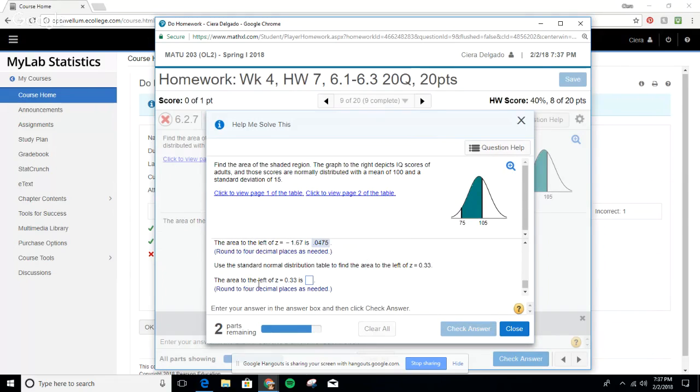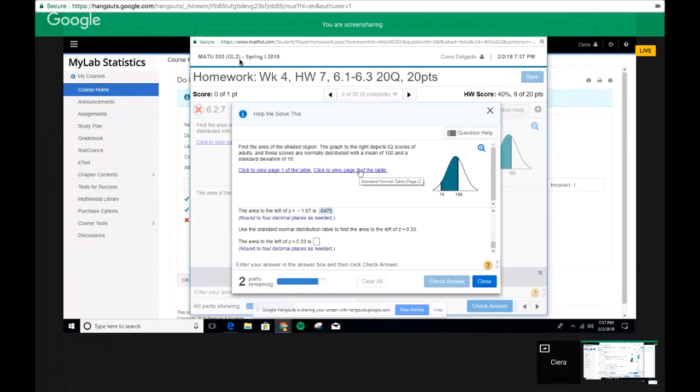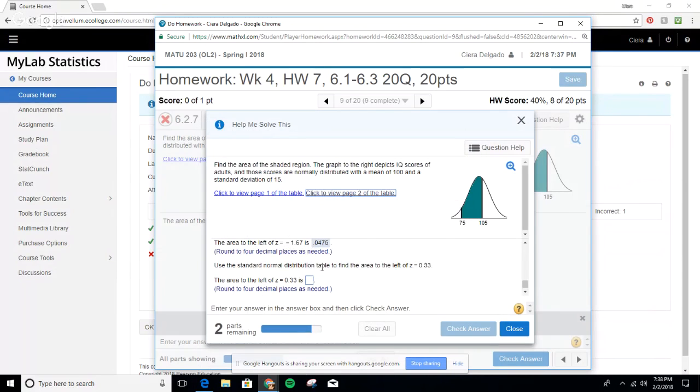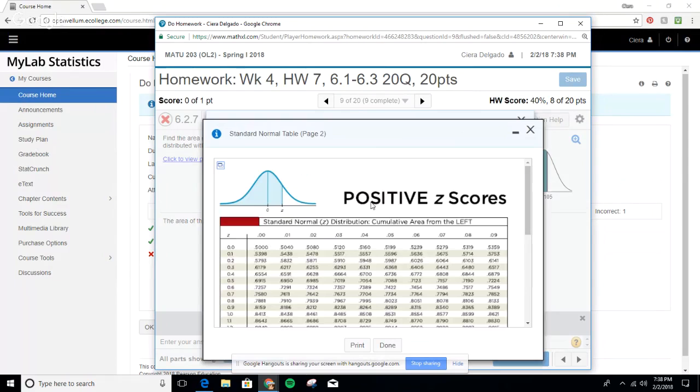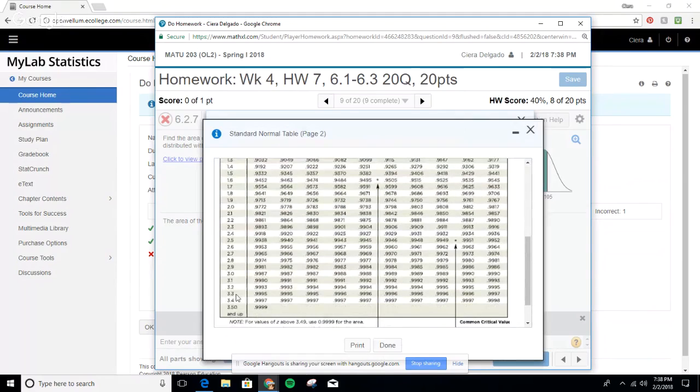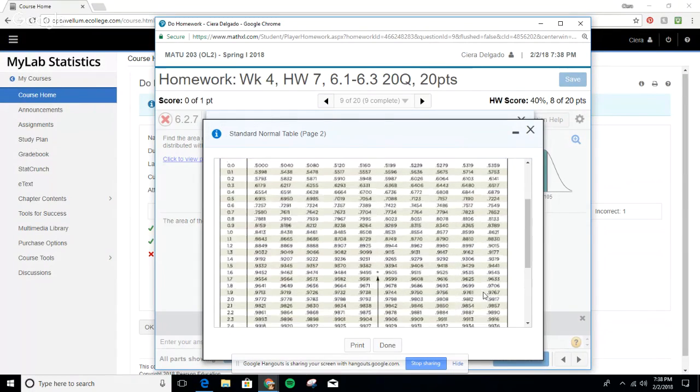The area to the left of the z is 0.33, so we're going to use this side. Yep. Perfect. And sorry, what did it say? Do I still use the 0.07 at the top?